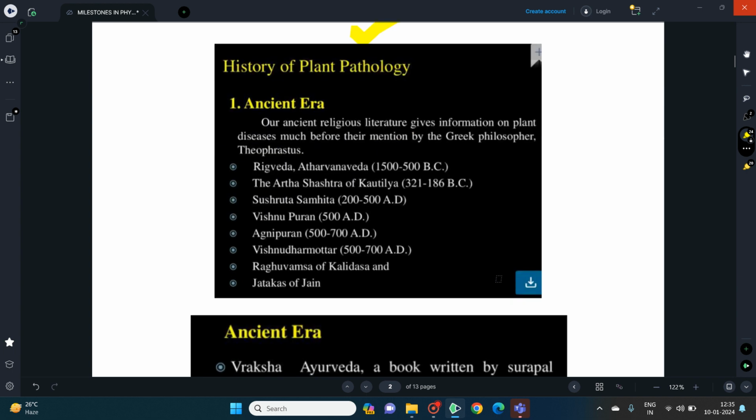In the Rig Veda and Atharvana Veda, during 1500 to 500 BC, the Arthasastra of Kautilya during 321 to 186 BC, Sursha Samhita during 200 to 500 AD, Vishnu Puran 500 AD, Agni Puran 500 to 700 AD, Vishnu Dharmotar 500 to 700 AD, Raghuvamsa of Kalidasa, and Jatakas of Jain, information on plant diseases is available.